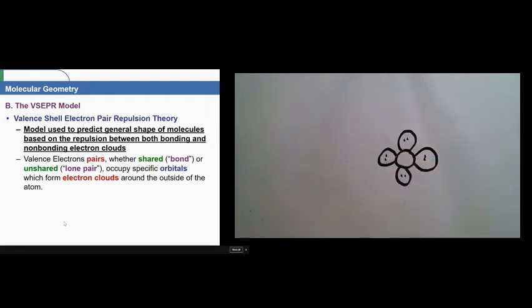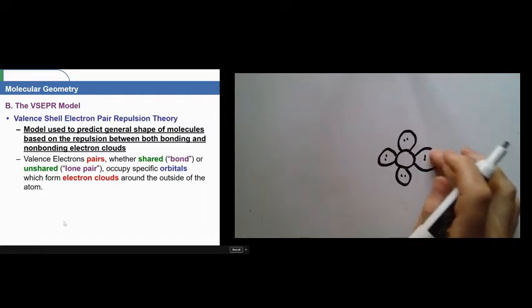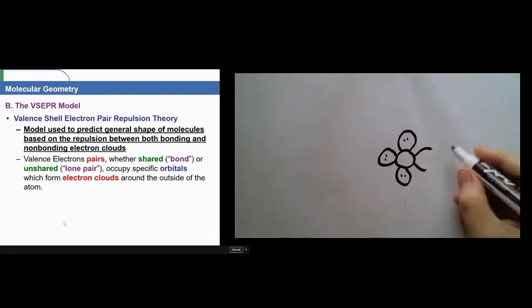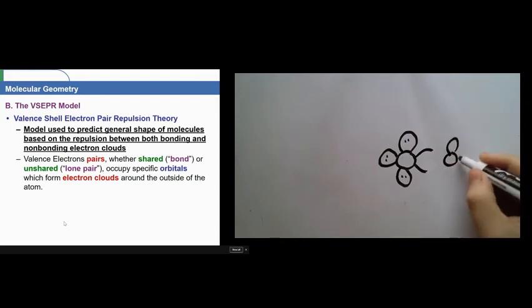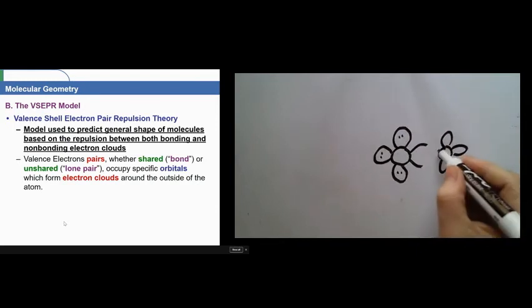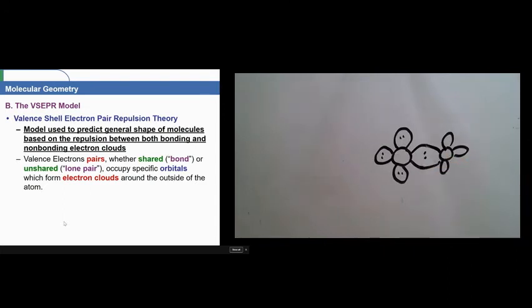And inside you would have a pair of electrons. Now these electrons, if they are shared, they might form a bond with another atom that has its own pairs. All right, and then these two would be shared. But still, you got to imagine that they branch off from the central part of the atom.